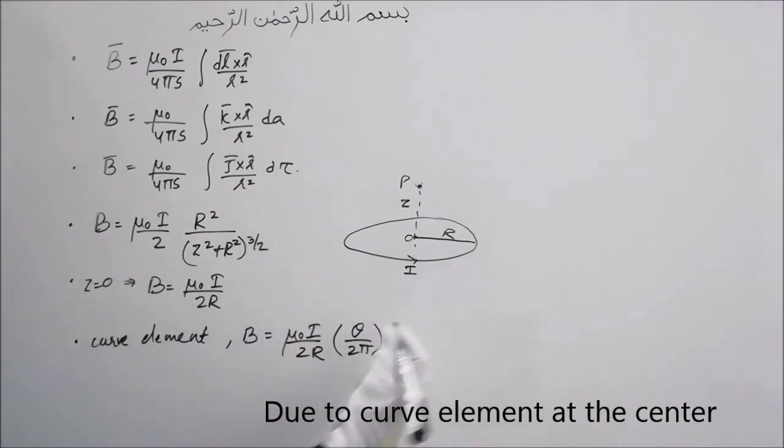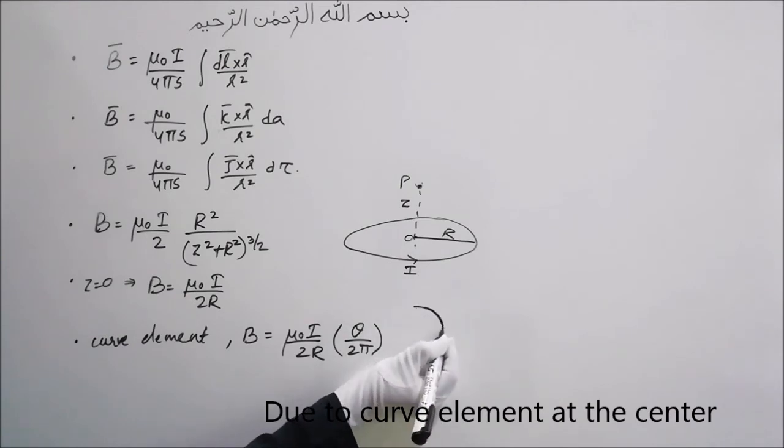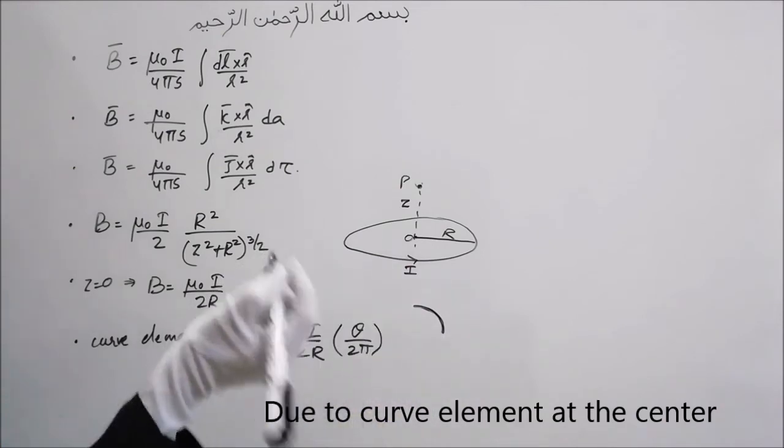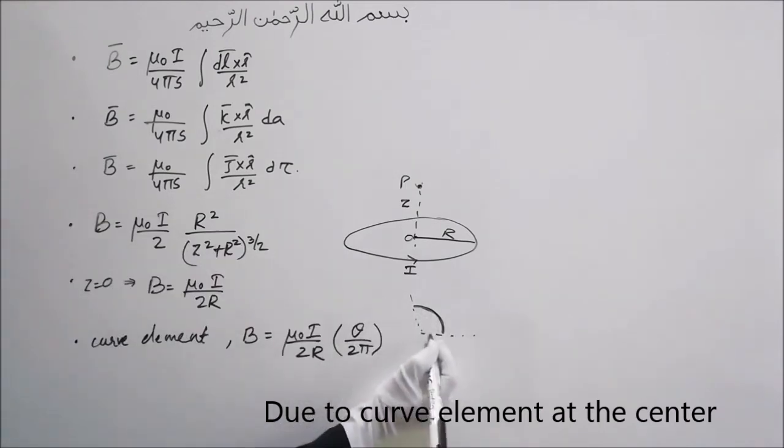Theta is an angle which is like this. Let's say we are finding the magnetic field produced only because of this quarter part of the ring. Then this angle here comes out to be pi by 2. So that is equal to theta.